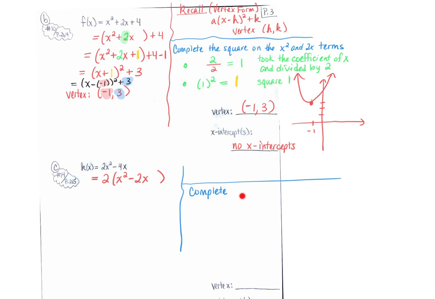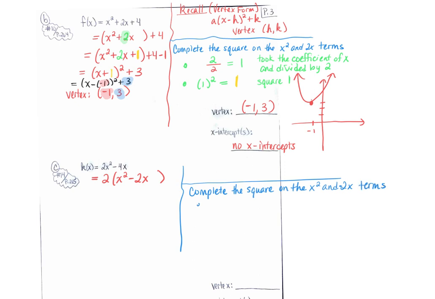We're still going to complete the square, but when we add a number, we have to make sure we multiply that number by 2, because that 2 is on the outside. Before, we just had a 1 here. But now we have a 2, so we have to be a little bit careful. So we're going to complete the square on the x squared and -2x terms.